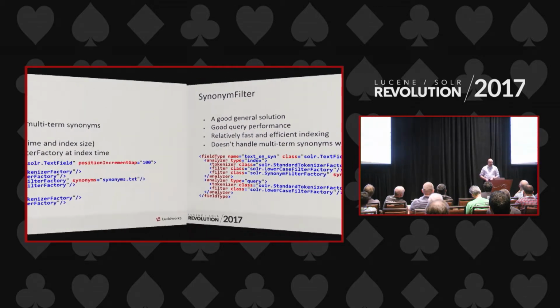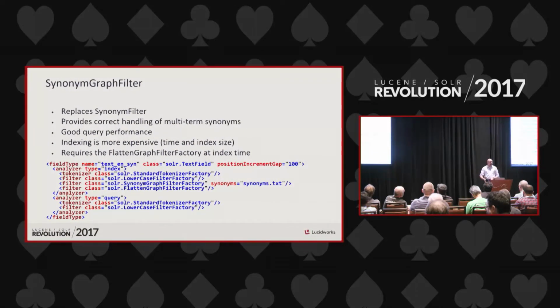The other option, the synonym graph filter that's available in 6.4.1 and later, really is a nice filter. It replaces the synonym filter. It provides correct handling out of the box of multi-term synonyms. It has excellent query performance. It is a bit more expensive at index time and in index size.